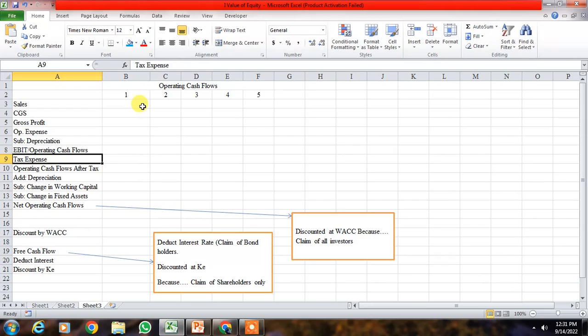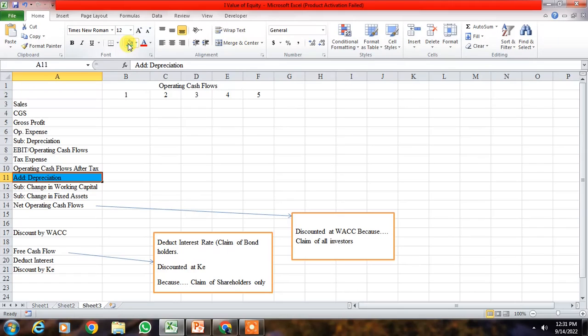We deduct the tax, and then, as you can see, we add the depreciation again. The reason for adding the depreciation is that depreciation is a non-cash expense. If you see the journal entry of the depreciation, we debit the depreciation expense and credit the decrease in the asset.